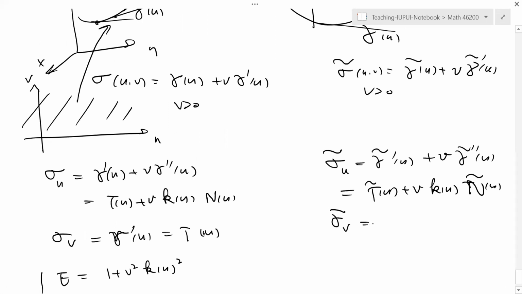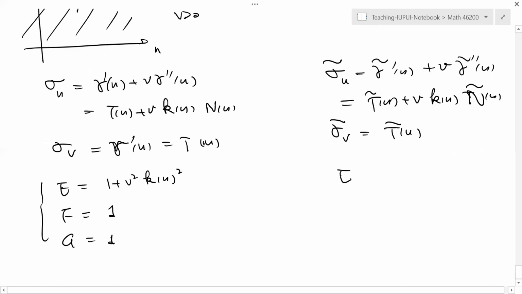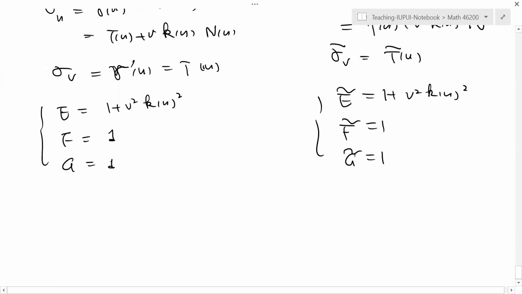And sigma v is just equal to T 2 dot(u). So you will get E2 dot is going to be 1 plus v squared k(u) squared. F2 dot is going to be 1, G2 dot is also going to be 1. And you see that the coefficients are identical.